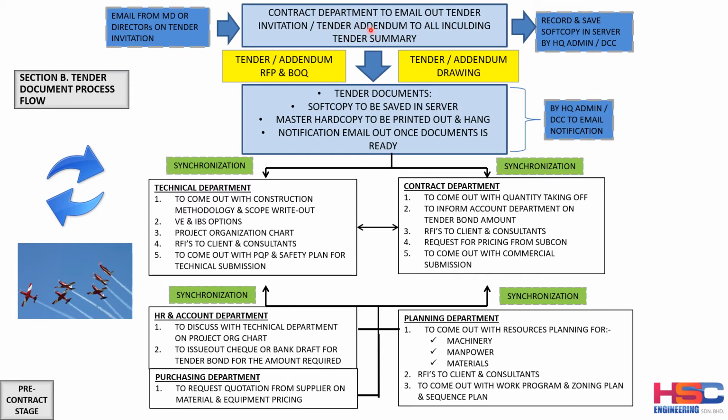And from here, the contract department will email out the tender invitation and tender addendum to all, including the tender summary. So once they get the tender document from the client, they will have to scan, record, and save a soft copy in the server by HQ, the admin or document controller.